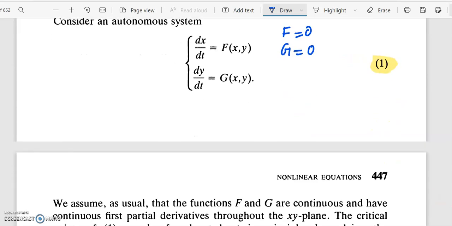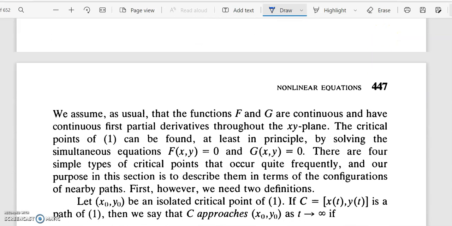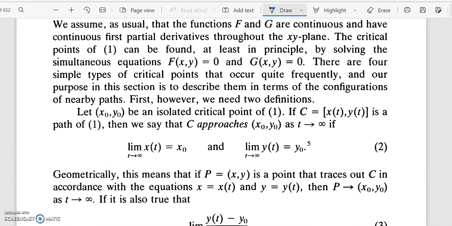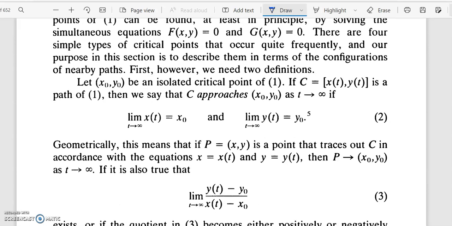Now let us look at two definitions which will help us in classifying the critical points. The first definition is, when do you say that a path approaches a point x0, y0, and when does a path enter a point x0, y0?